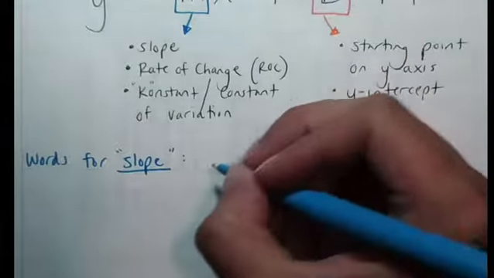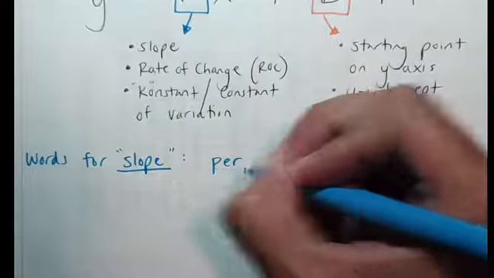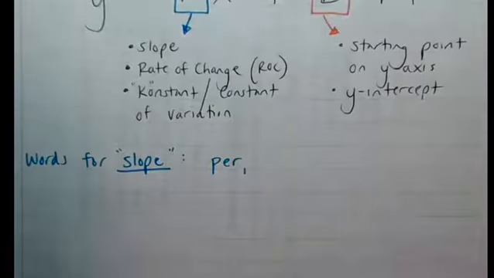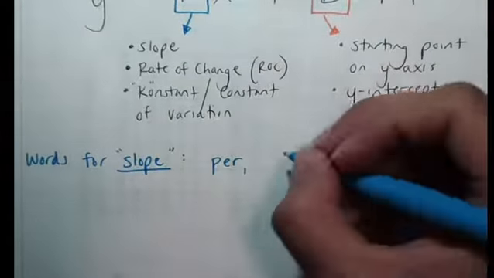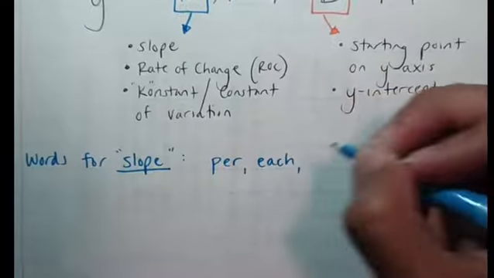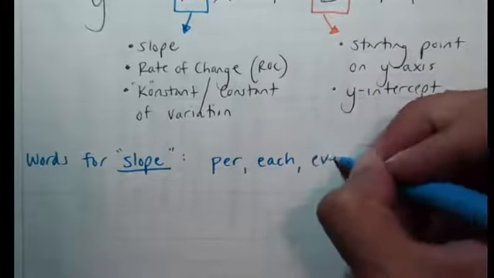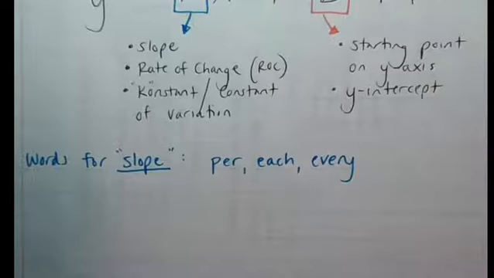Miles per hour. Per would represent my slope because we're multiplying per hour. Each is another one, and the last one here is every. We have to remember that these 3 words signify the slope in a word problem.